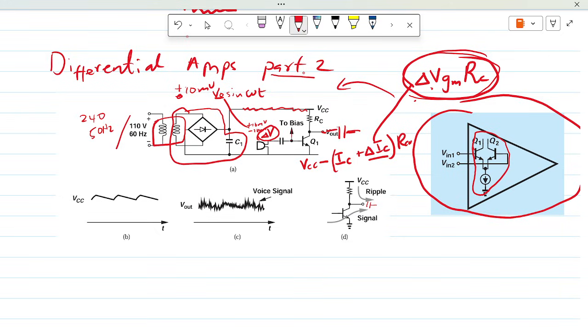This brings out the issue of noise. Any noise in VCC would also pass through the capacitor, because it will also be an alternating signal with time, depending on the frequency. Usually noise has high frequencies and will easily go through the capacitor.